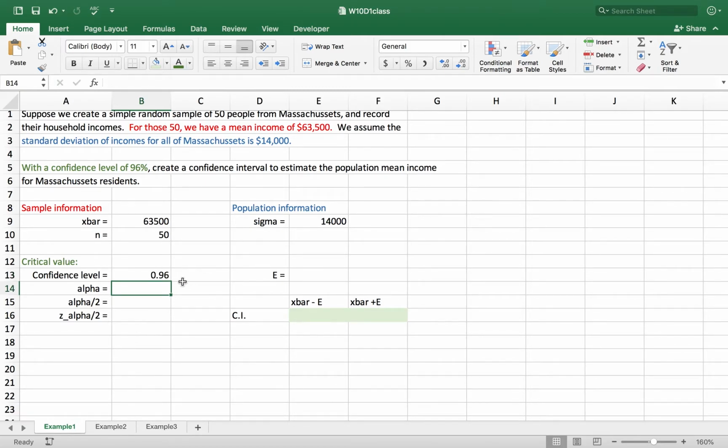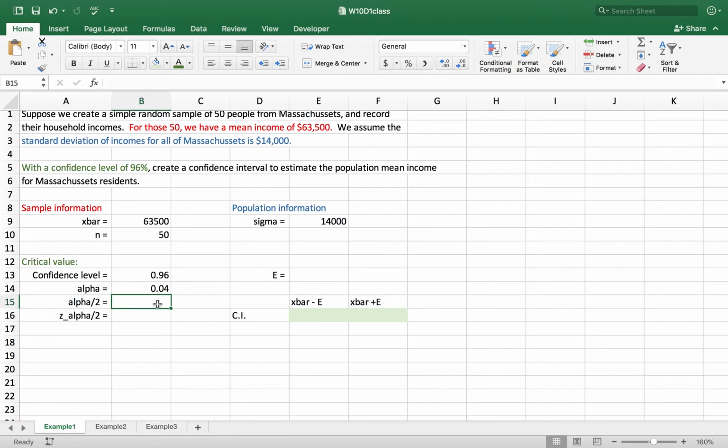Now keep in mind that when we're doing those middle percents, and that's fundamentally what we're doing, alpha is just going to be the missing percent. So we have 96% for the middle. This leaves 4% for our alpha value. And one way of getting this is by subtracting the confidence level from 1. Make sure that you're dealing with decimals, not percentages.